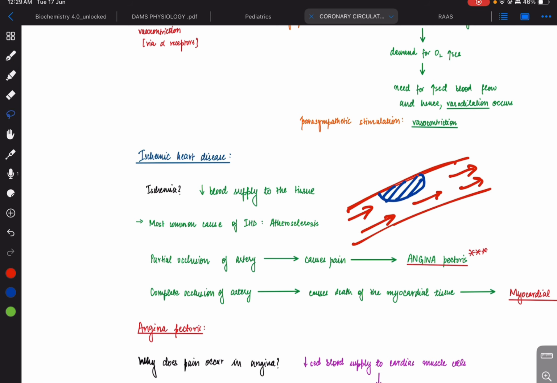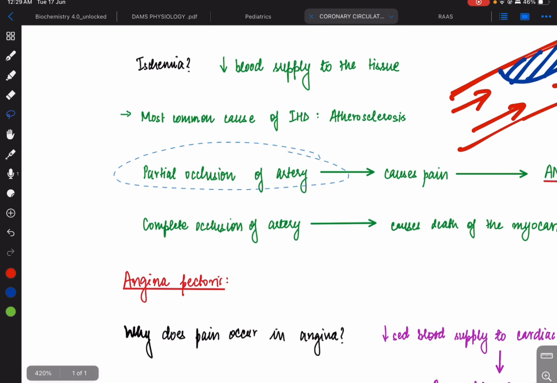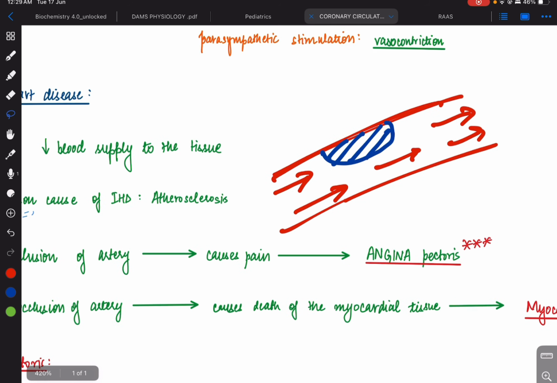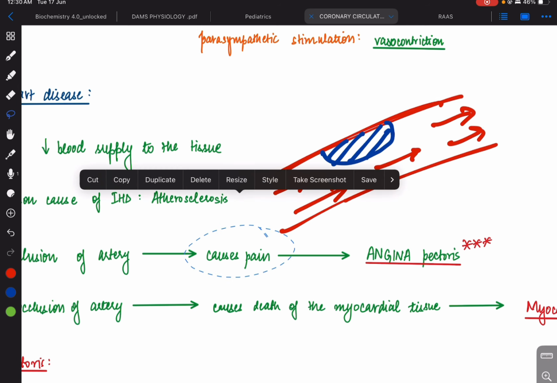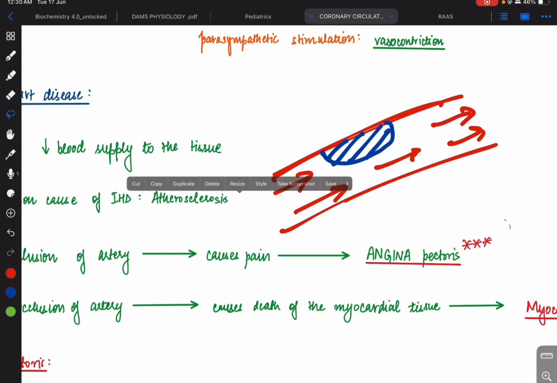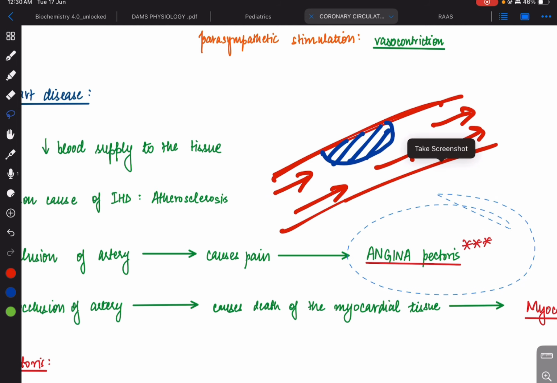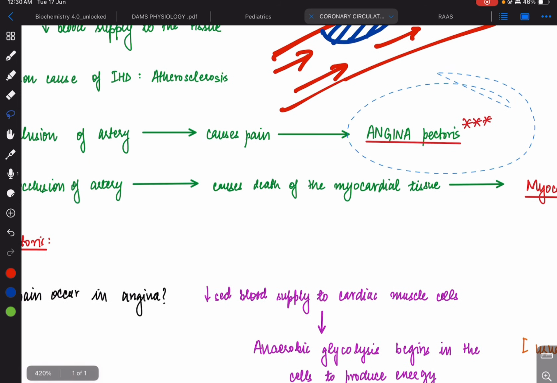So whenever there is partial occlusion of the artery, like in this case, we can see that there is decreased blood flow through the vessels, but there is no complete obstruction, right? Some of the blood is still flowing through the vessels. So there is pain in the heart muscle because of decreased blood flow, and this is what we call angina pectoris. We will be discussing it later.